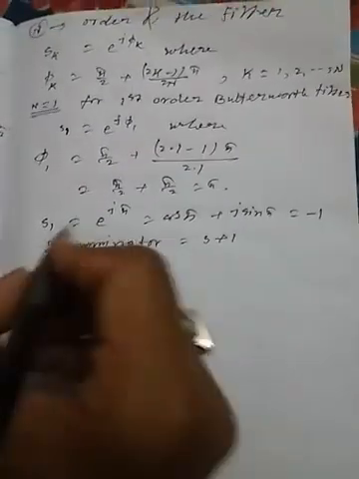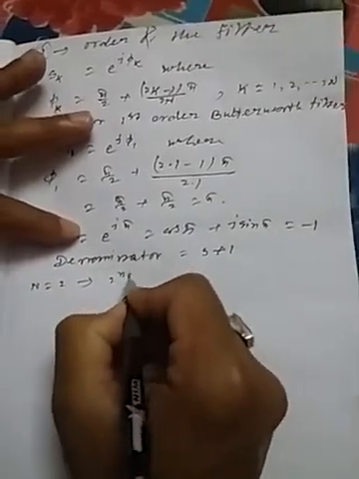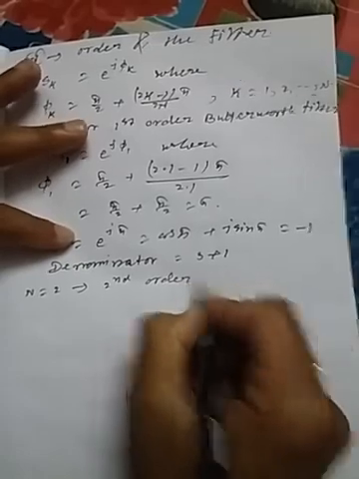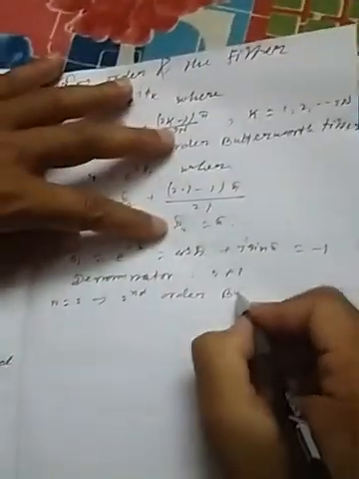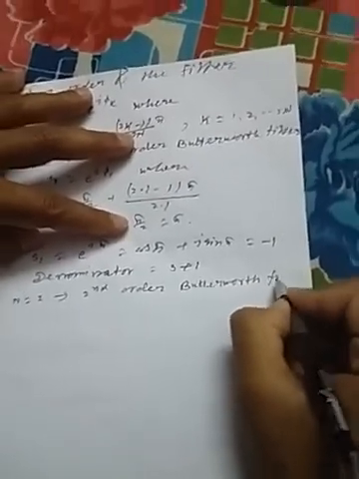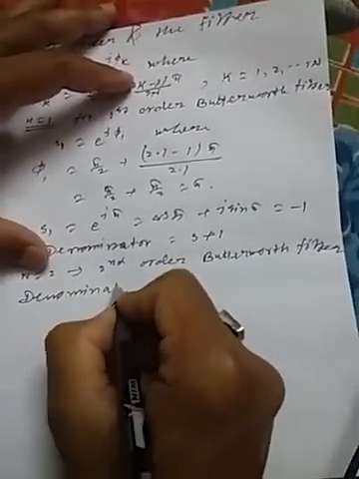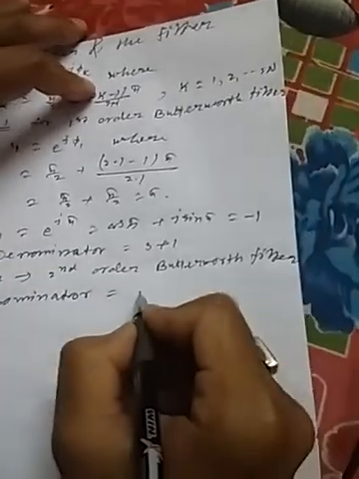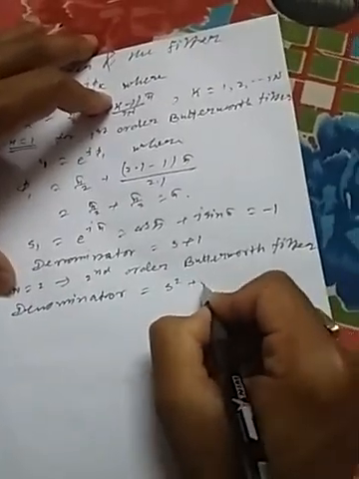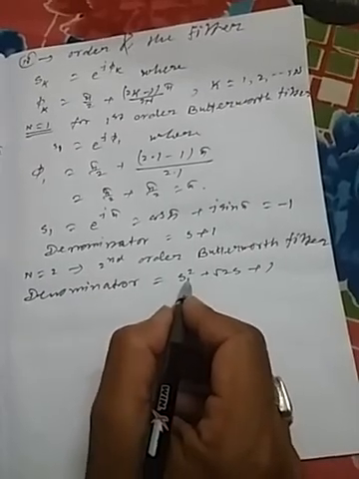In this way we can find it for n equals 2, that means a second order Butterworth filter. The denominator is s square plus root 2 s plus 1. Here for the second order Butterworth filter, the highest power of s in the denominator is 2.